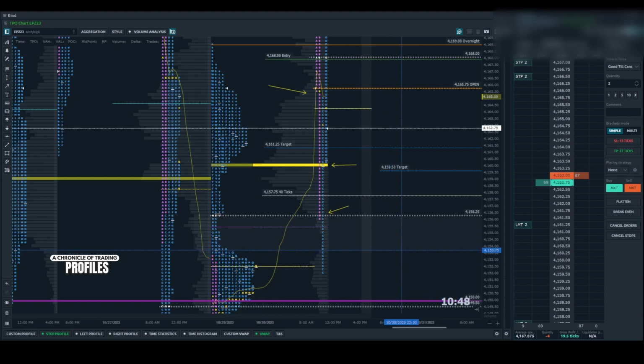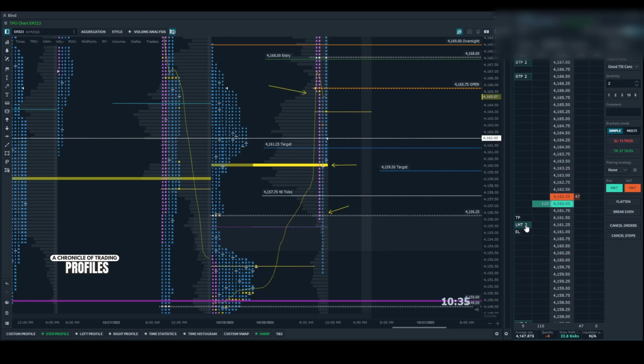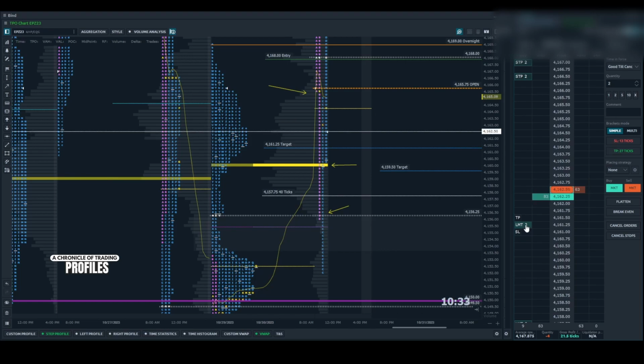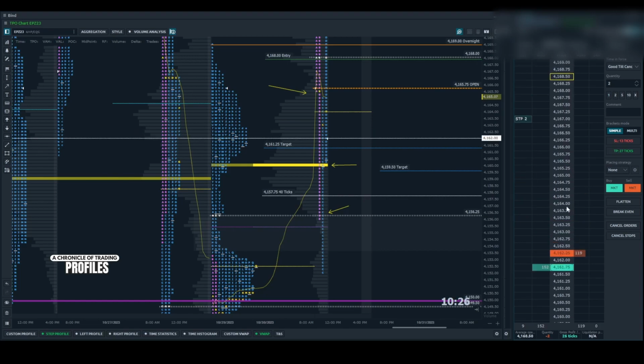They don't care where your order's at. At this point, I'm determined to take this if I even get close to that target. Right there, I take the first set.